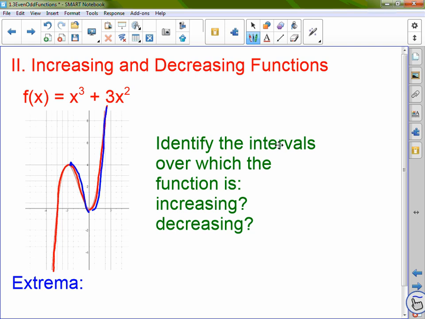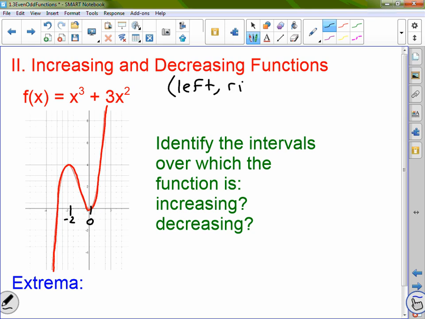If we're going to give a rough estimate, we can say that it is increasing from the far left all the way up to, it looks on my picture like, -2. And here's 0. So the way that we're going to do this is using something called interval notation. Interval notation goes left, comma, right.